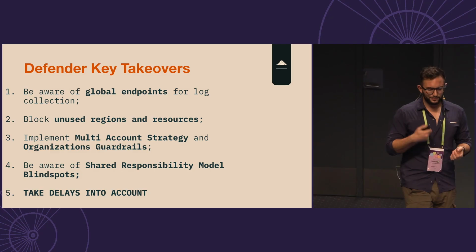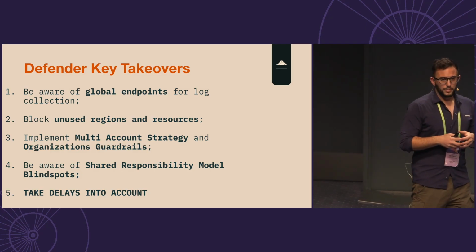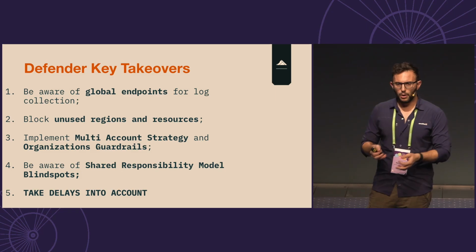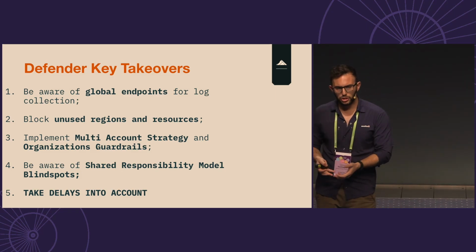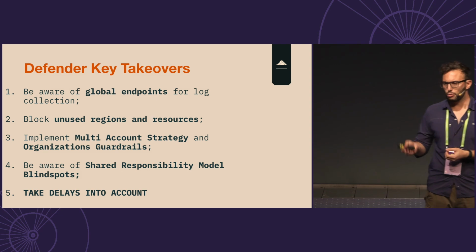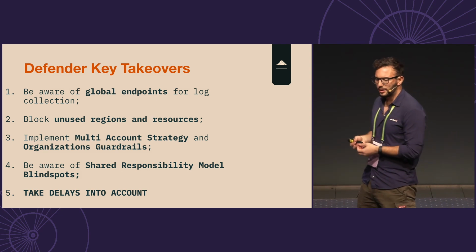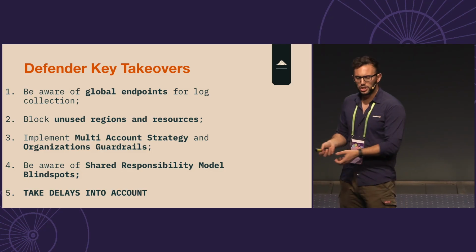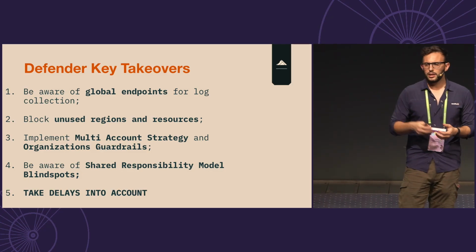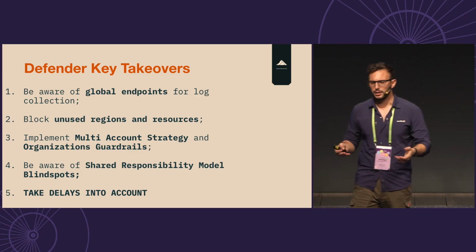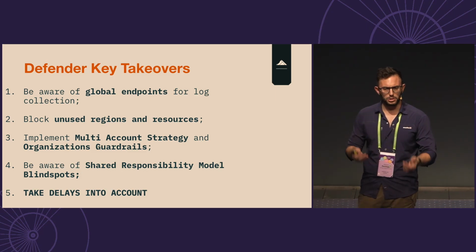These are the key takeaways, wrapping up and finishing the session. Be aware of the global endpoints. The regional ones and the global ones can be a tool for attackers to enumerate your network without you noticing. Block the unused regions and resources. If you are not using Lambda in your production environment, don't let everybody else use Lambda.